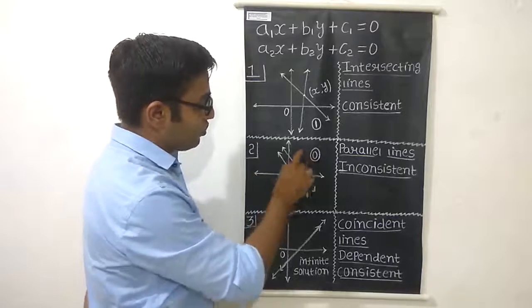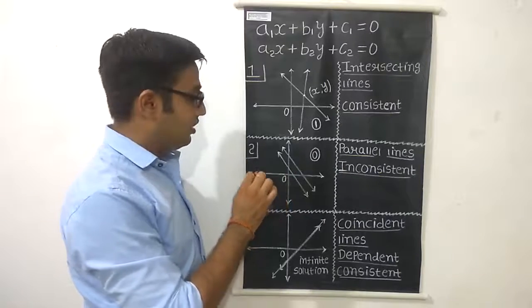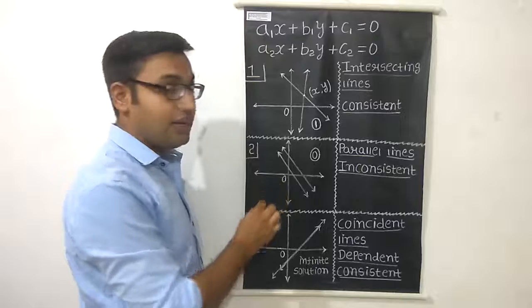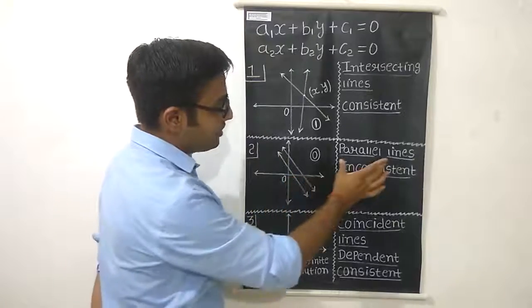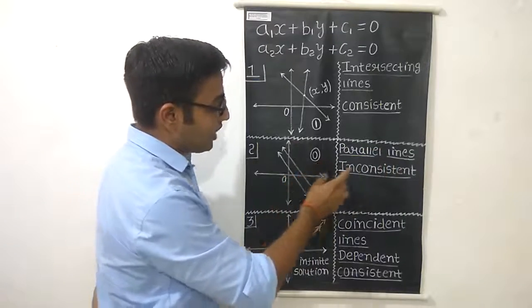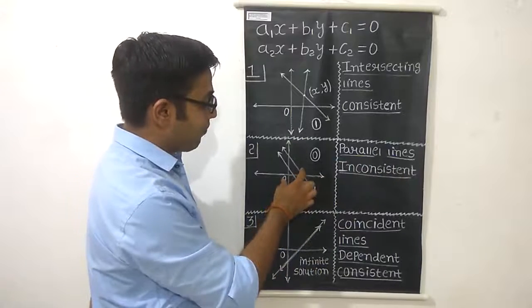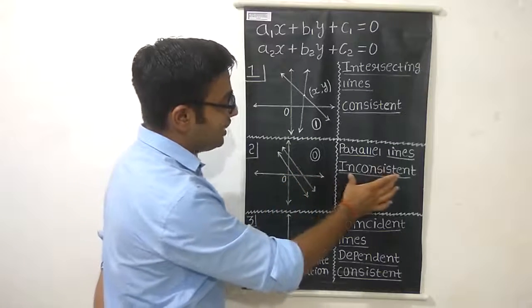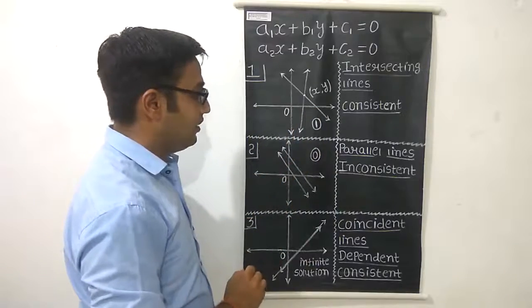So there is no solution. That means any point which is common in both the lines we cannot find here, right? So this type of lines are called parallel lines, and parallel lines are also called inconsistent. That means this type of lines are called inconsistent pair of linear equations, right?